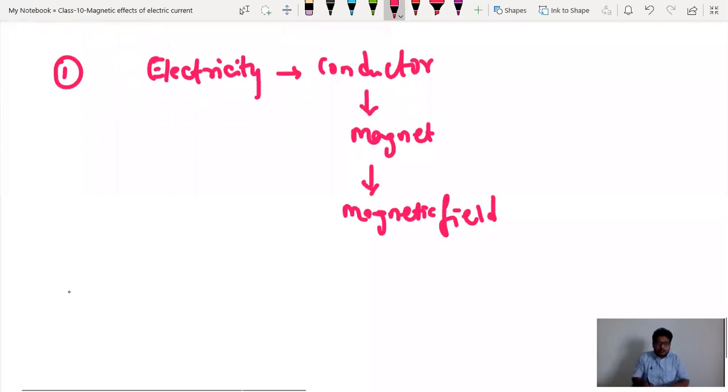What is the second concept you need to remember? Whenever two magnets are brought near to each other, when we are talking about two magnets, you must talk about two magnetic fields, isn't it?